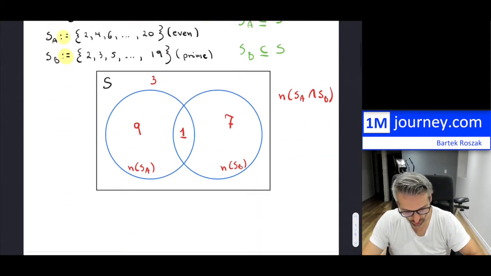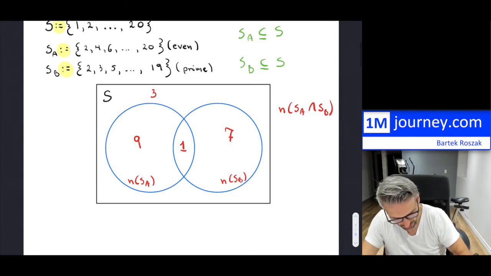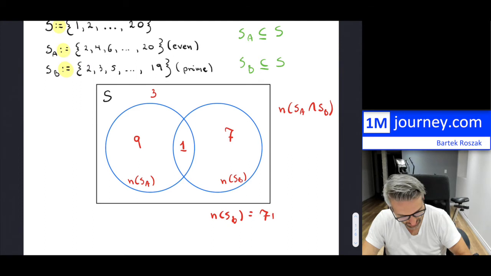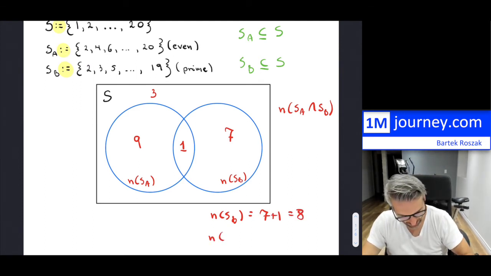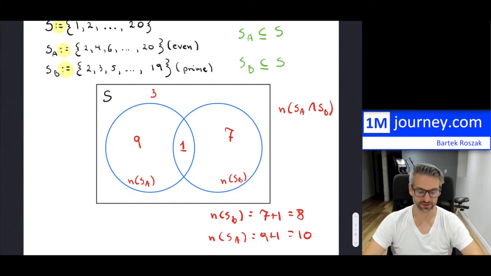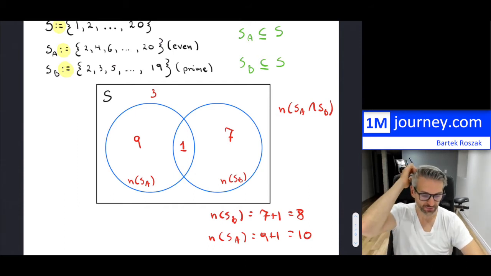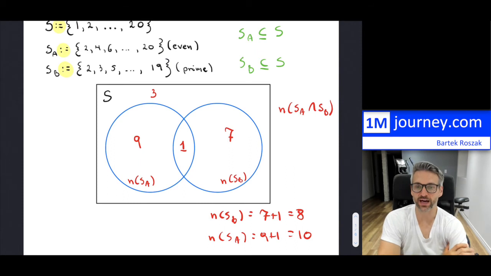So in total, N of SB is equal to the 7 plus the 1, which was intersected. Total in SA is equal to the 9 plus the 1. So that would have been 10 within here. So that's what we have, and we can do that counting.